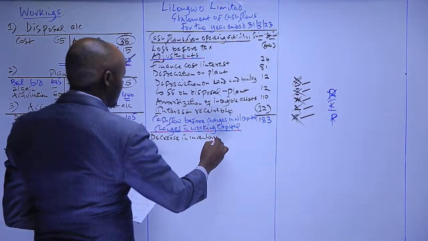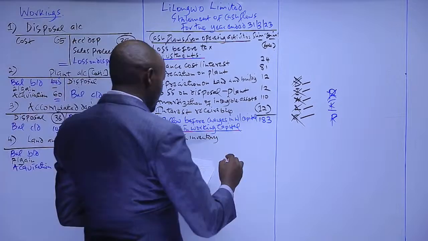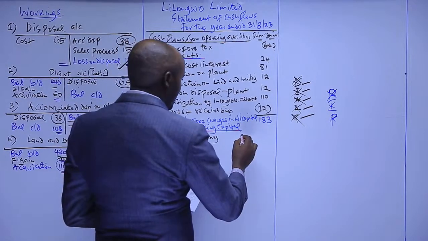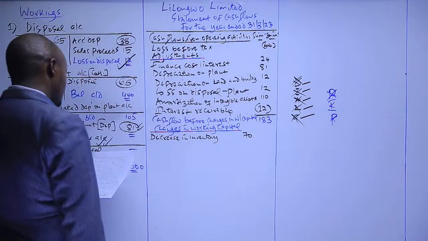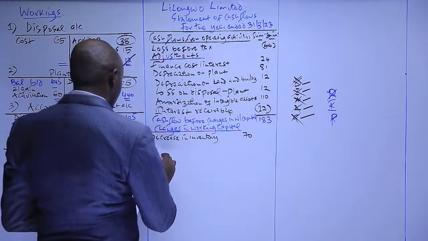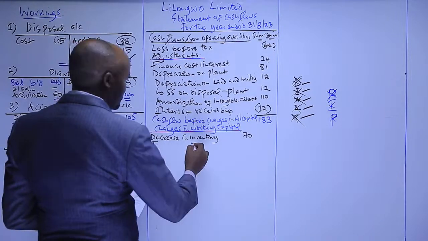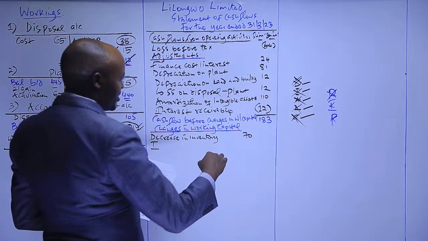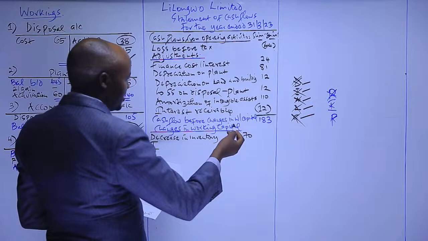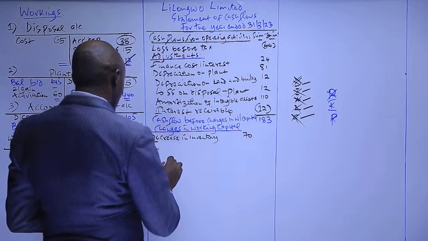What causes inventory to reduce? Because the company disposed of or basically sold inventory. So the decrease is 70. This decrease in inventory is a cash inflow, because inventory was sold.